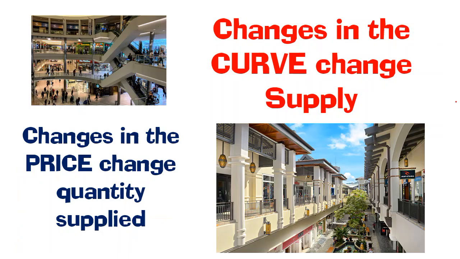If the whole curve shifts, that's a change in supply. If the price changes, that's a change in the quantity supplied. Supply change, that's the whole curve moving. If the price changes, then quantity supplied will change.